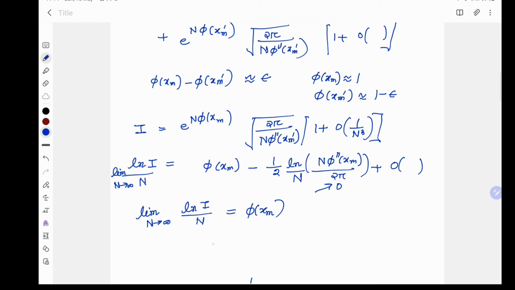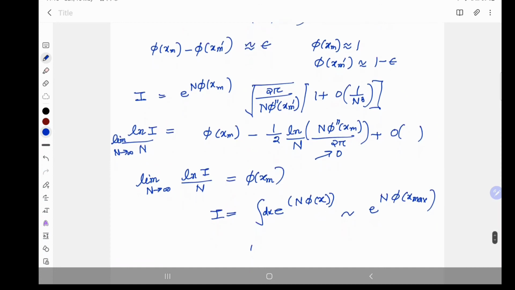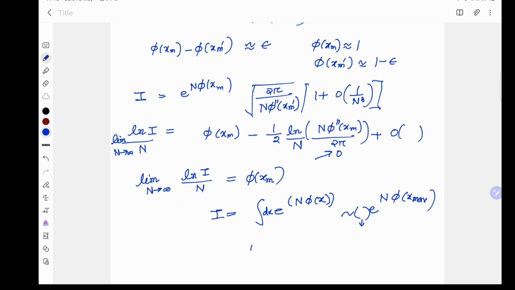So you have seen this integration was like this, the integral dx e to the power n phi x, and now we can write it just as e to the power n phi x_m. But okay, one thing to note is that there should be a dimension of x here, but if you write in logarithms there is no problem. So this whole integration can be evaluated by finding the maxima of this phi x. So this is the whole essence of the saddle point approximation.